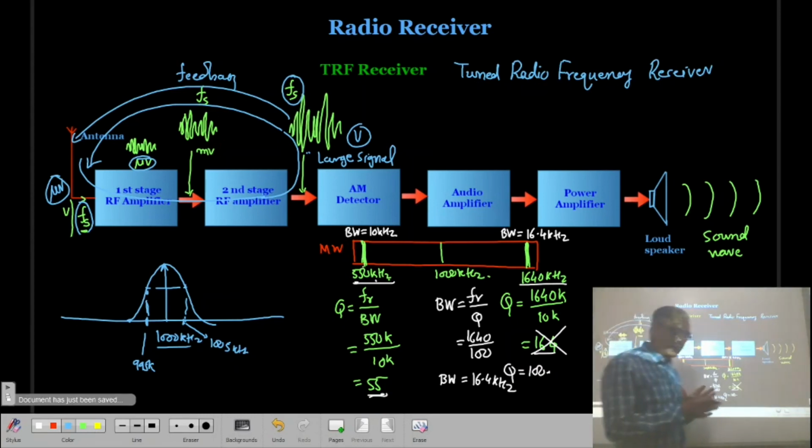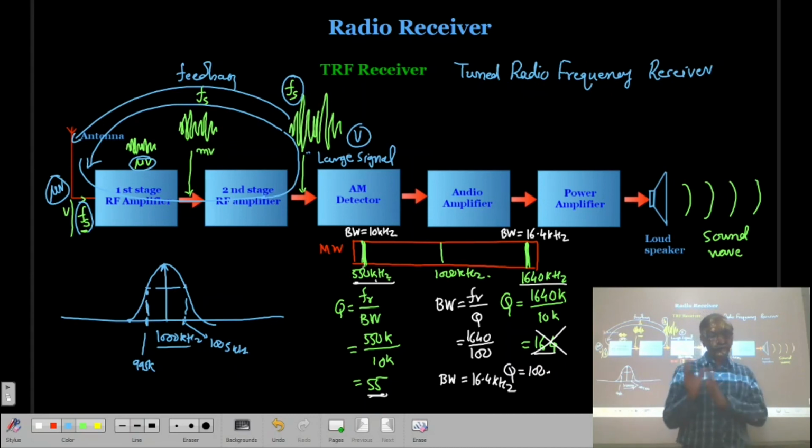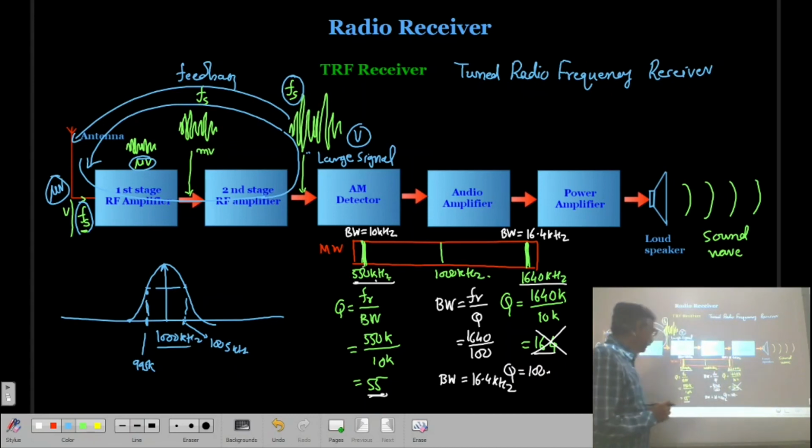Then the bandwidth is 10 kilohertz, which means the frequency allotted to the next transmitter will be 1010. Remember, try to understand. This is 1000 and somewhere here we have 1010 kilohertz. Correct? So another transmitter will be here.